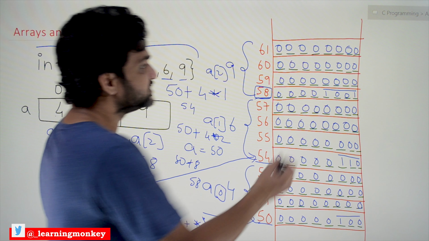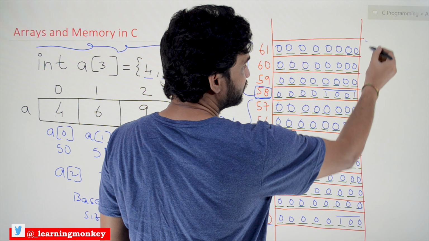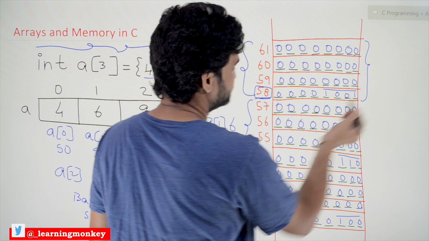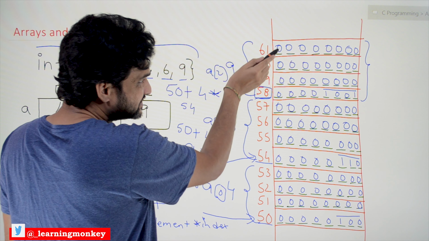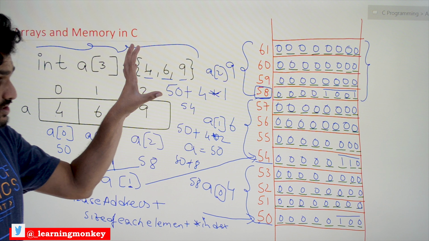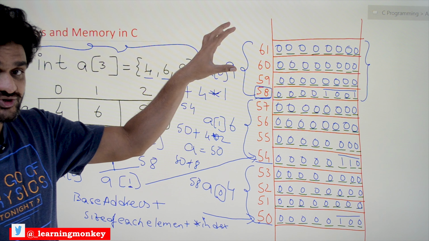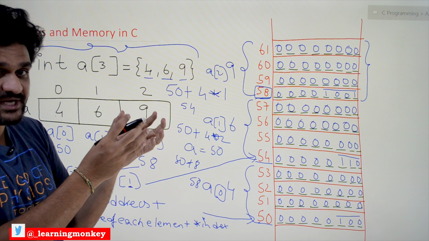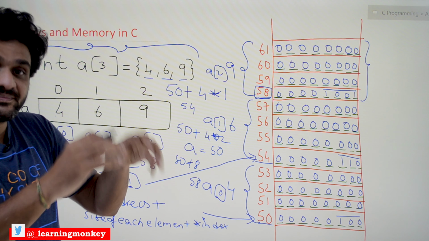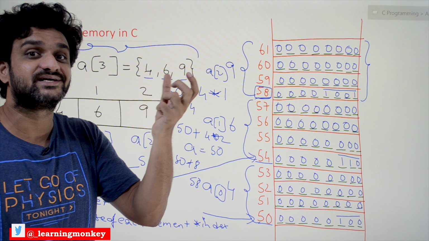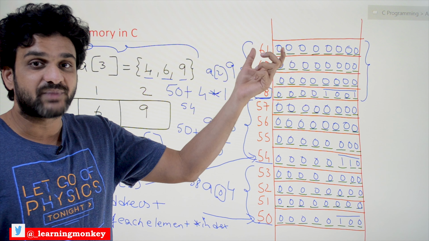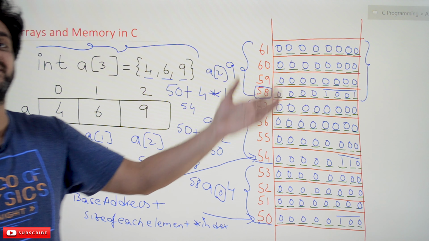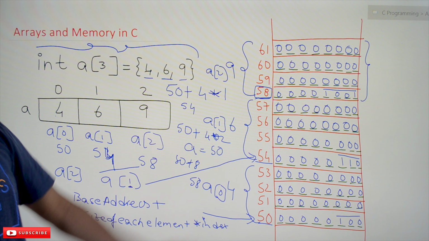From here it is going to fetch the next 4 bytes. The 4 bytes are the 58th address, 59th address, 60th address, and 61st address. All the bits that are stored in each byte will be accessed, and from that we are going to decide what is the decimal value of that binary equivalent. So for that binary value, the decimal equivalent will get converted.